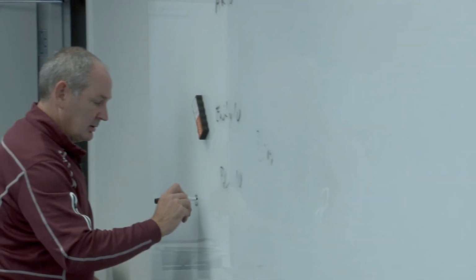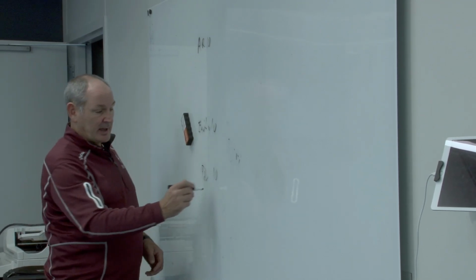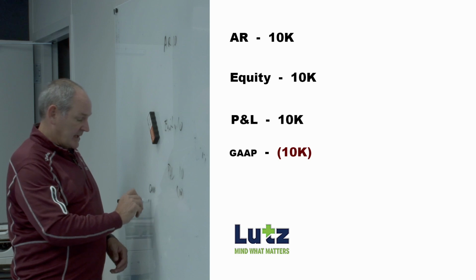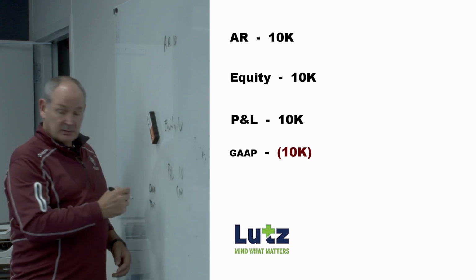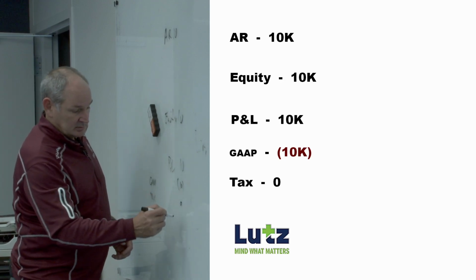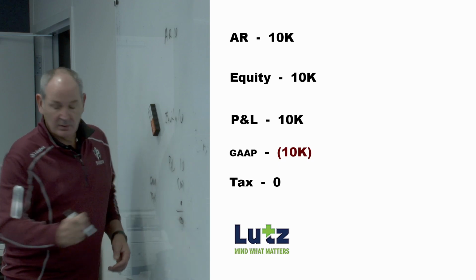How much GAAP AR is in there? 10,000. So I have to back that out, don't I? How much cash did I receive? 0. So from a taxable income perspective, I got 0 taxable income.